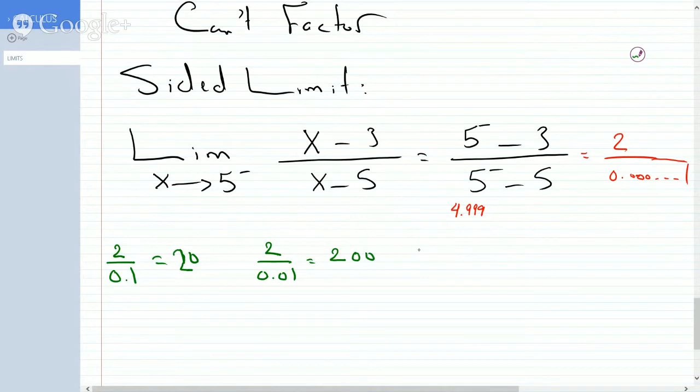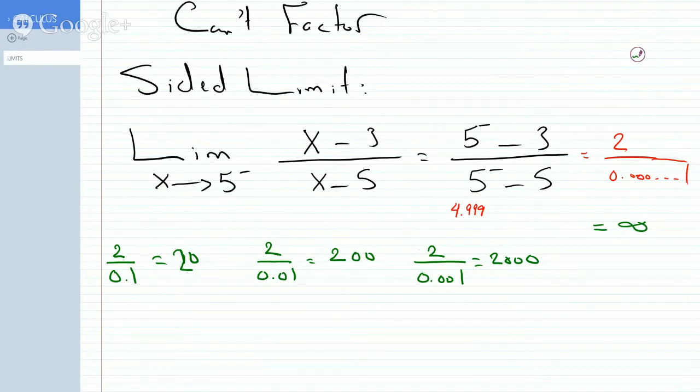If you add 2 zeros, all of a sudden you're growing so quick. 2,000. So this is going to be an infinitely large number. Infinity, because 2 times infinity is not bigger than infinity. It's still infinity. When you divide, the number is going to grow very, very large. Yeah, 2 times infinity is infinity.